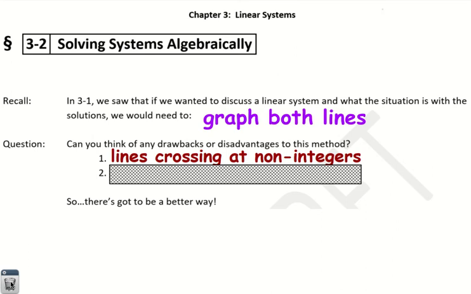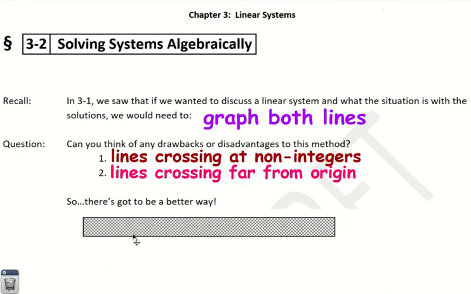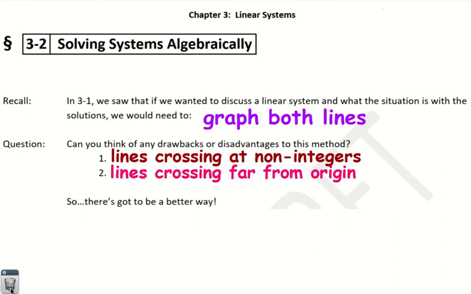If that ends up being the case, how are you supposed to figure out exactly what the answer is? Another reason is, what if your lines cross really far away from the origin?